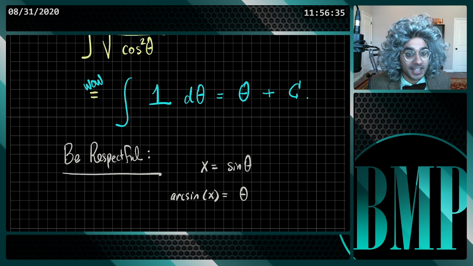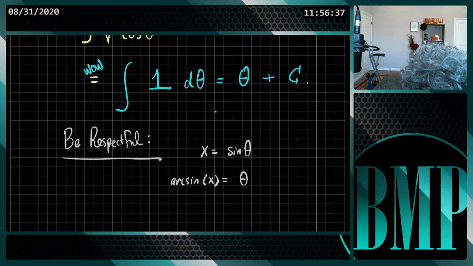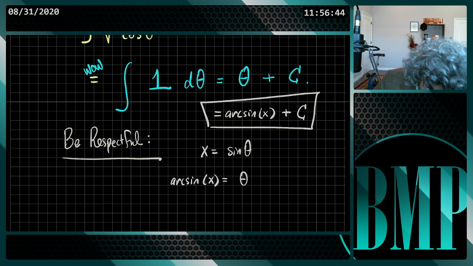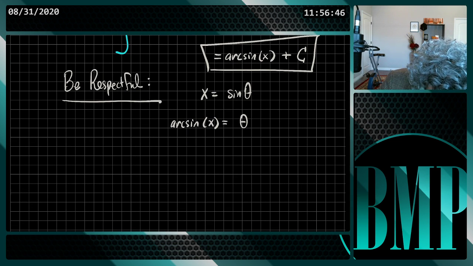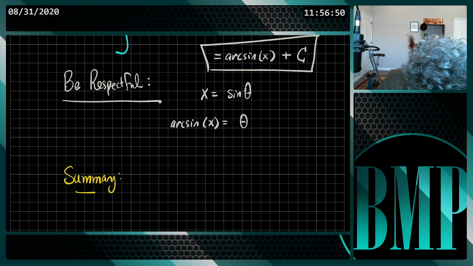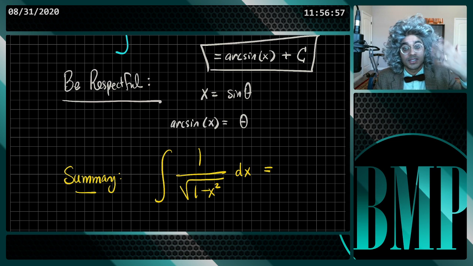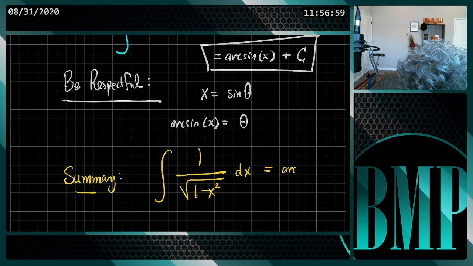So arcsine, that's what it is. So you get arcsine plus c. Boom. In other words, summary. The integral of 1 over the square root of 1 minus x squared was the arcsine plus c.